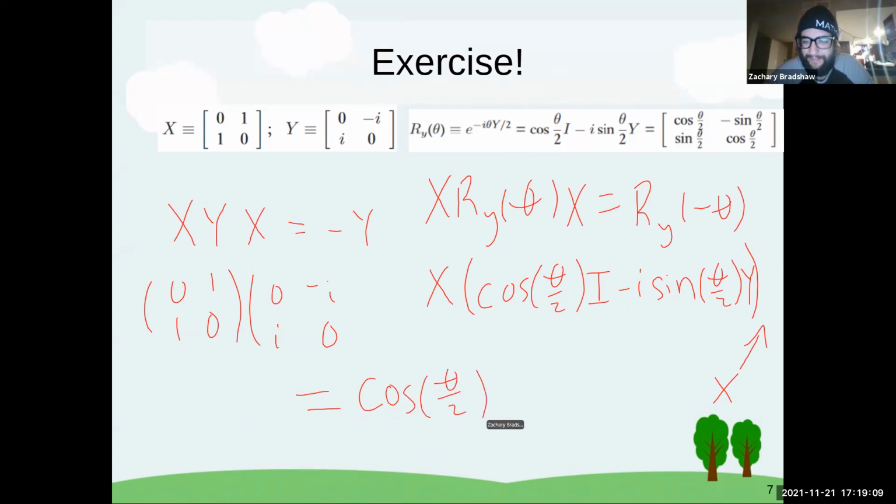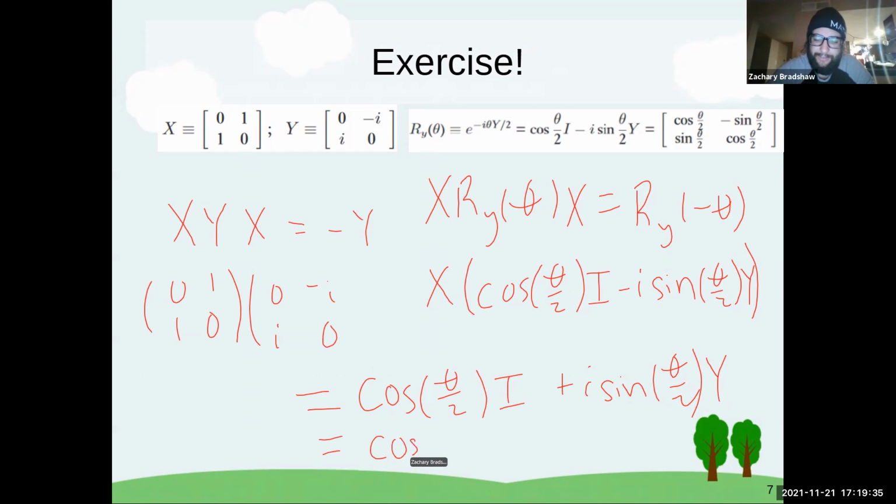So we get X times I times X, which is X squared, which is the identity. Minus i sine theta over 2. Now I have to erase this X. We get X times Y times X, which we just showed was minus Y, so this becomes plus Y. And the sine is an odd function, so we can pull the minus sign inside.